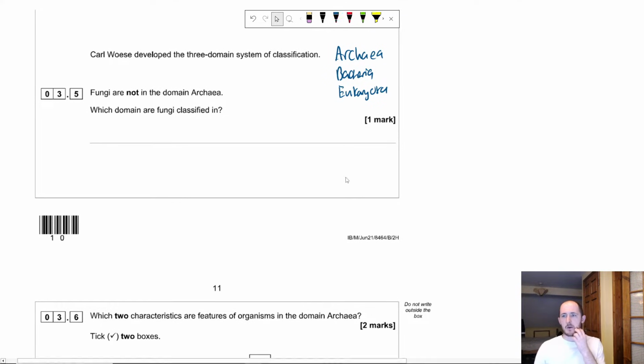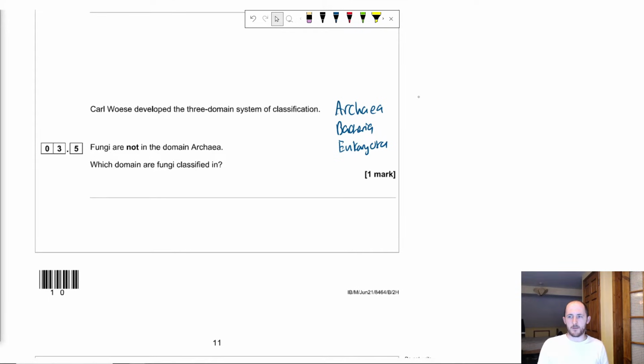Now, archaea are ancient life forms. Basically, they're all of your extremophiles, but they are truly ancient. Bacteria are bacteria. I know, absolutely shocking.